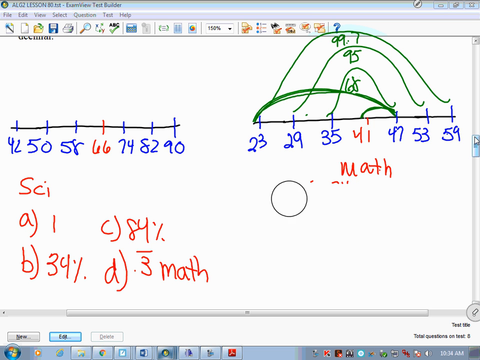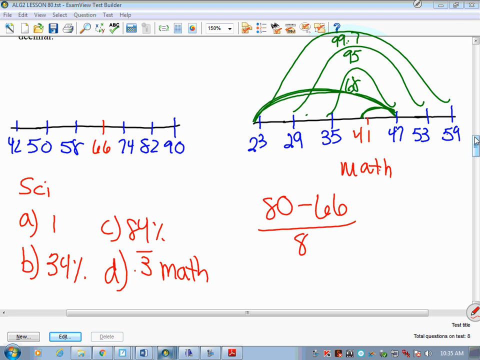What was his science score? 80. Well, we've got to work on some of our reading, right? 80 minus what? 66, because we're going to subtract the mean. What was the standard deviation there? 8. So we want 80 minus 66 divided by 8.